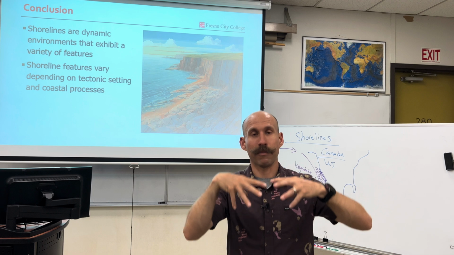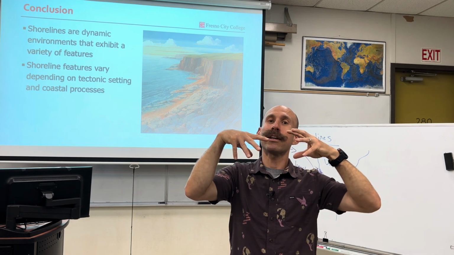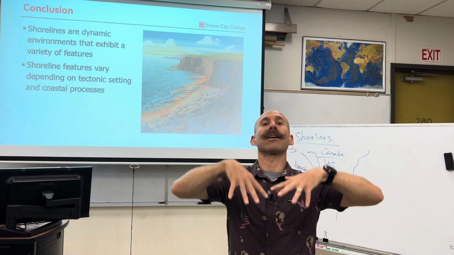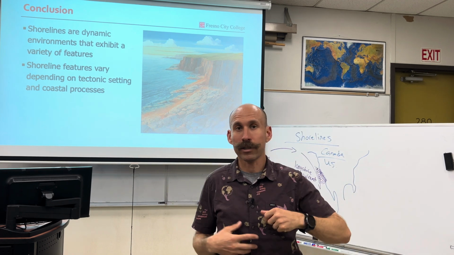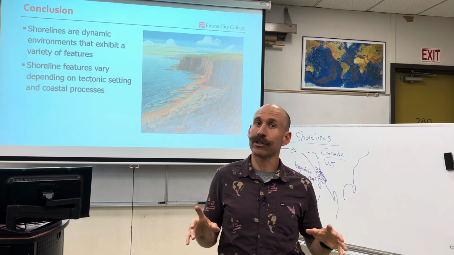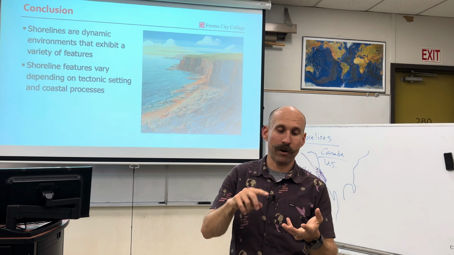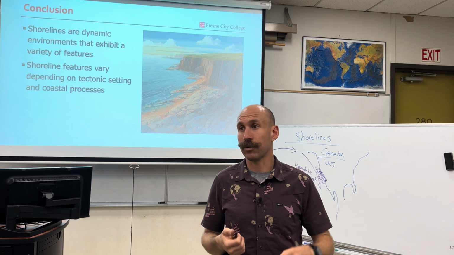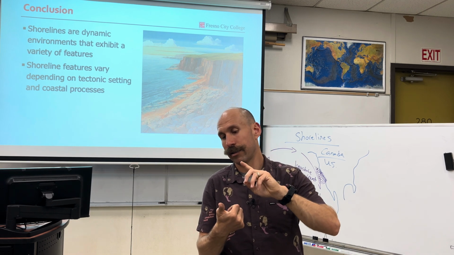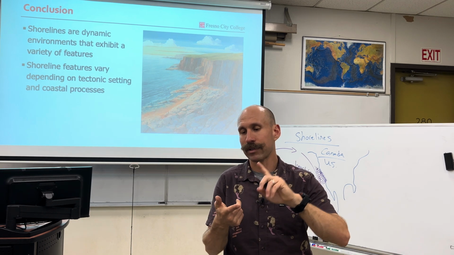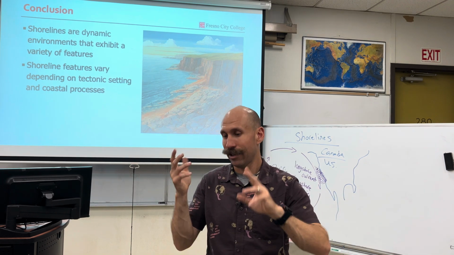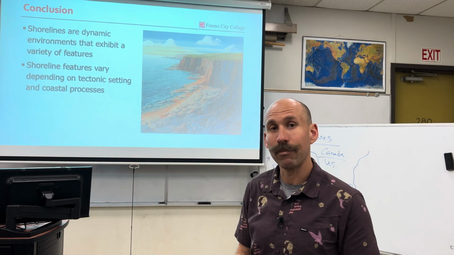Are the rocks coming up relative to sea level, or is the sea level coming up relative to the rocks, giving us different types of features? Spits, baymouth bars, estuaries, lagoons, tidal flats are submergent. Emergent is going to have wave cut platforms, sea cliffs, bedrock, sea stacks, arches, and tombolos.